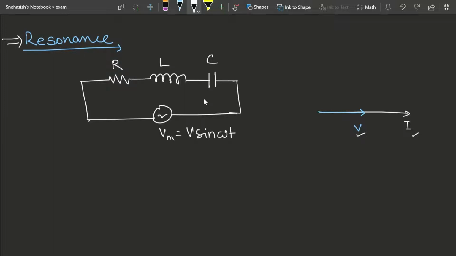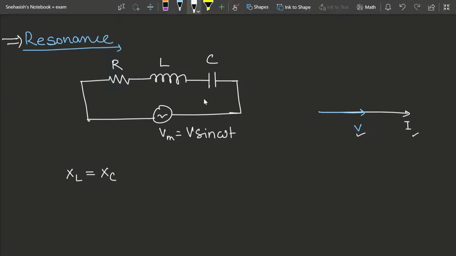Now let's talk about when resonance occurs in an RLC circuit. Whenever the reactance of the inductor and the reactance of the capacitor become equal, then the resonance occurs.